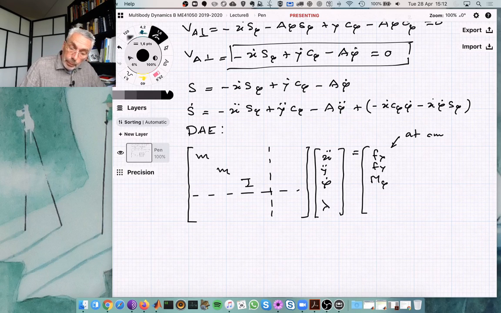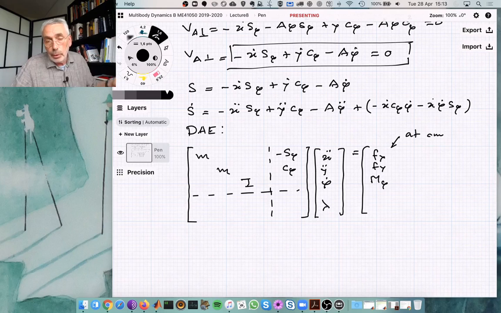Then we need here the Jacobian of this constraint. Now what is the Jacobian of this constraint? With respect to x we get minus sine phi. With respect to y we get cosine phi. And we do have a component with phi now. But it's still non-holonomic. You can check that.